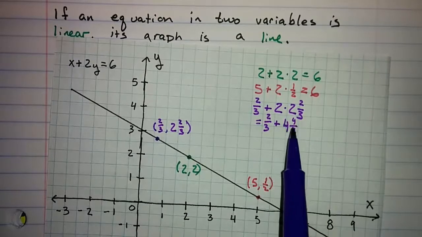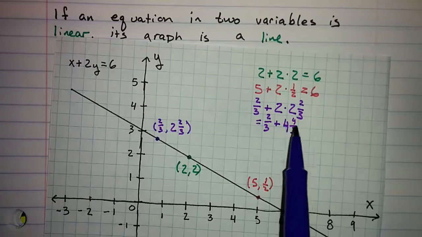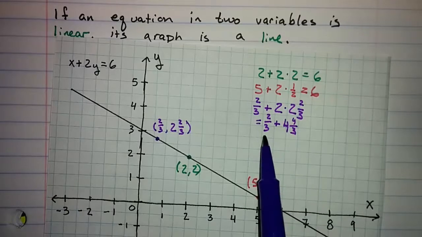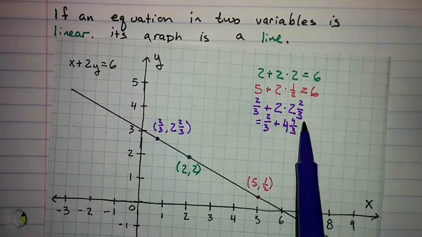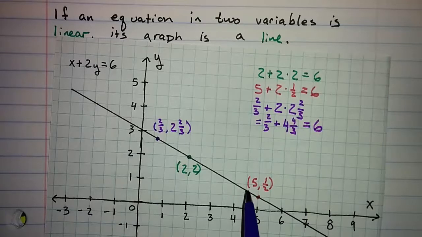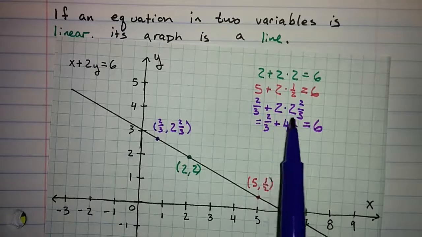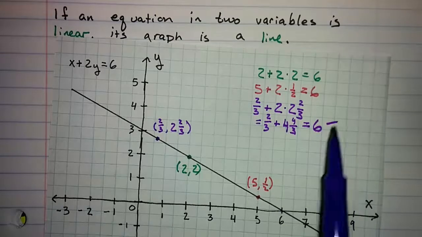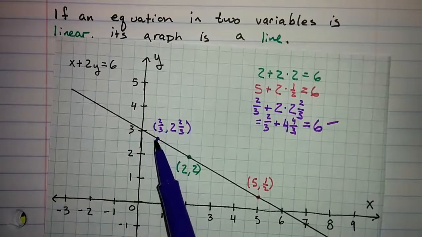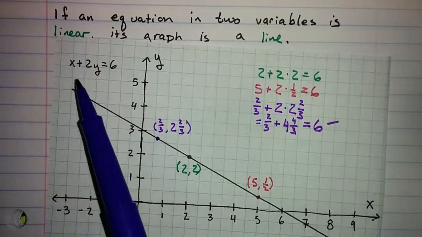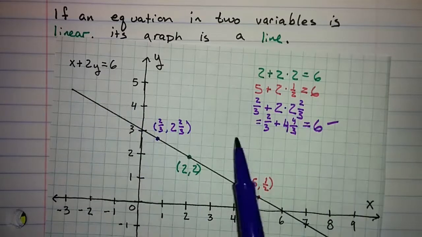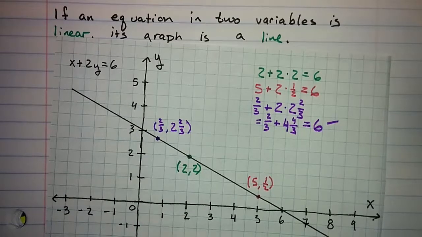This isn't an actual mixed number, but we can do this arithmetic in our head. 4/3 plus 2/3, that's 6/3, which is 2, right? So 4 and 2, that's 6. If you weren't happy about that arithmetic, you could also ask a calculator to work that out for you. But yeah, even for unpleasant points on this line, if we plug the coordinates of the point into this equation, it really does work out.